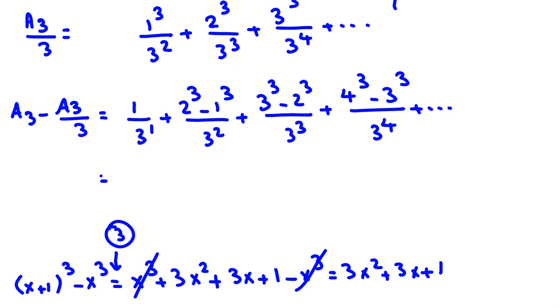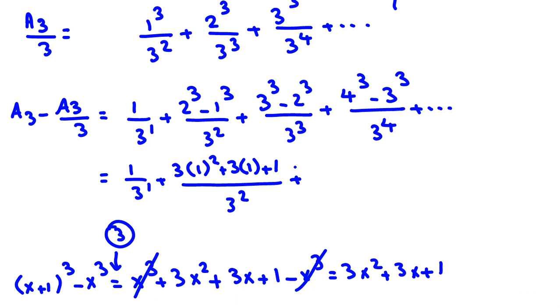So let's check. It will be 1 over 3 to the 1 here. X is 1. If you check, 2 cubed minus 1 cubed is 7. If you replace x with 1, 3 times 1 squared plus 3 times 1 plus 1 is 7. So here it will be 3 times 1 squared plus 3 times 1 plus 1 over 3 squared, plus this one: 27 minus 8 is 19.